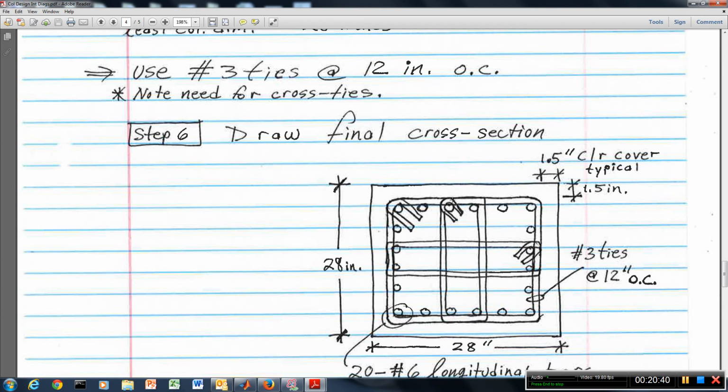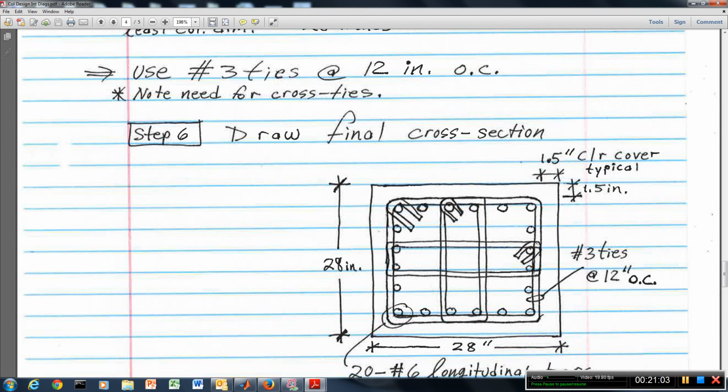So it provides confinement for the concrete in the interior also. And so you can see that not only do we have the number 3 ties going all the way around the outside of these bars, but we also have some cross ties here.